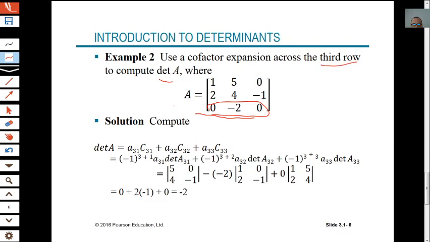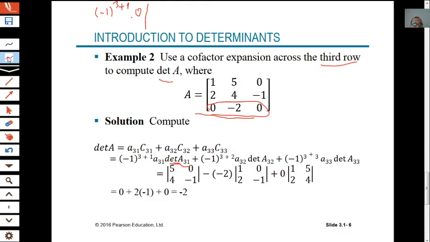So the determinant will be, let's write here, -1 to the power 3 plus 1, according to the first entry, since it is in the third row and the first column, times 0 times the determinant of A31.